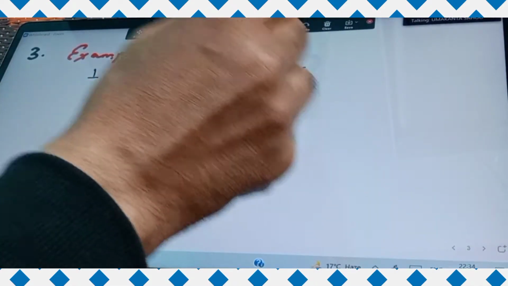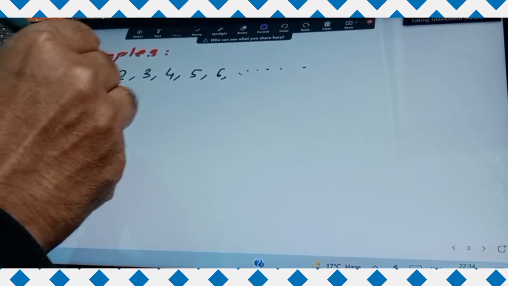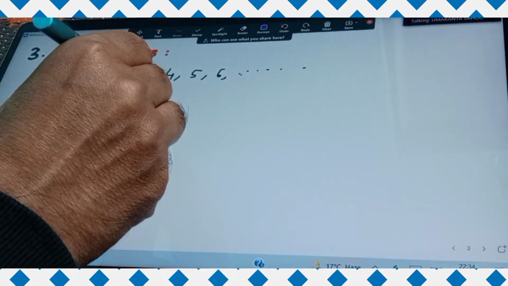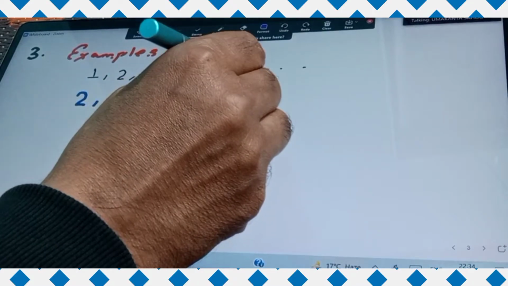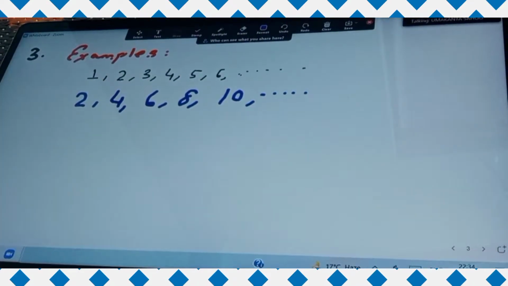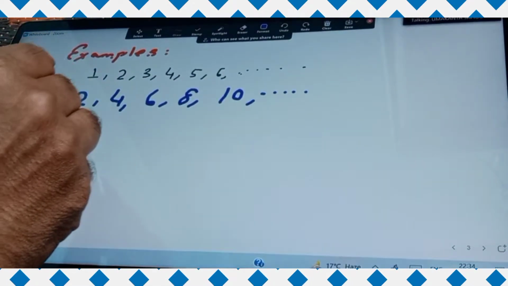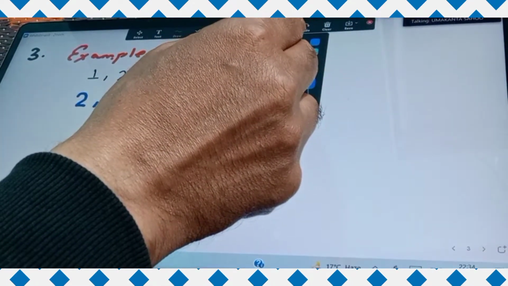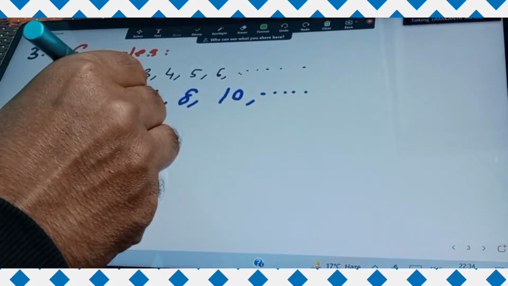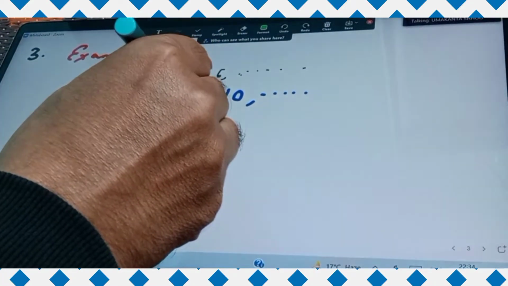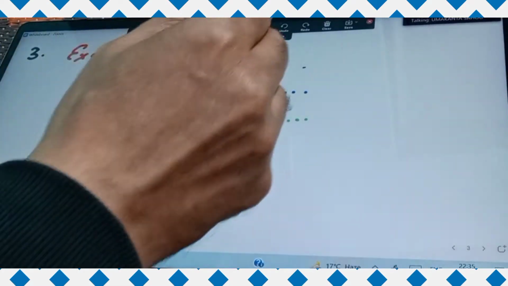Similarly, 2, 4, 6, 8, 10, the set of even natural numbers, is another example of sequence. Similarly, I can write 1, 3, 5, 7, 9, the set of odd numbers, is another example of sequence.